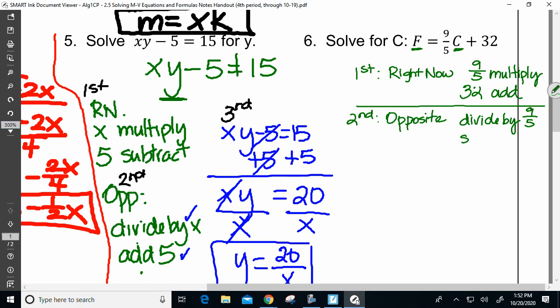So you're going to have to subtract 32. So the first step is figure out what you're doing right now. Second step is to do the opposite. The third step is to solve it. So now let's go ahead and solve it.